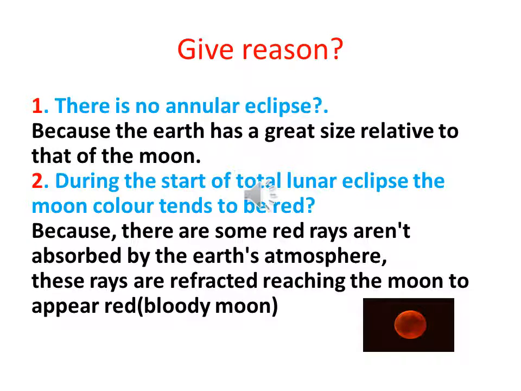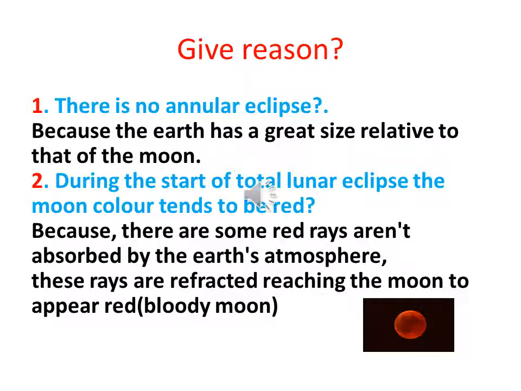Now, what is the lunar eclipse? As in the figure, we can see sun, earth, and moon lie in one straight line, with the earth in the middle. But in the solar eclipse in the previous lesson, sun, moon, and earth lie in one straight line, with the moon in the middle. Okay?